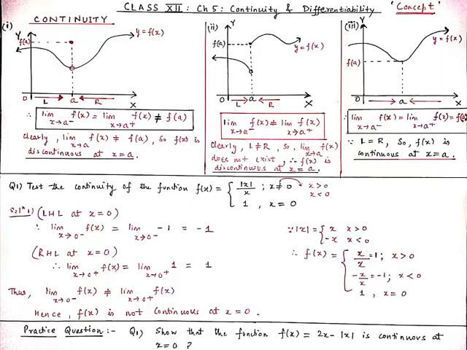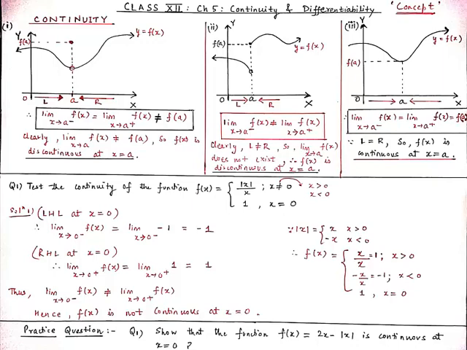And now first we will take the left hand limit at x = 0, which is limit x tends to 0 minus f(x), and we know that for x less than 0 our function f(x) is equal to minus 1. Therefore, students, as x tends to 0 minus, our function f(x) will always be equal to minus 1. And now we'll check the right hand limit at x = 0. So limit x tends to 0 plus f(x), and we know that for x greater than 0 our function f(x) is equal to 1.